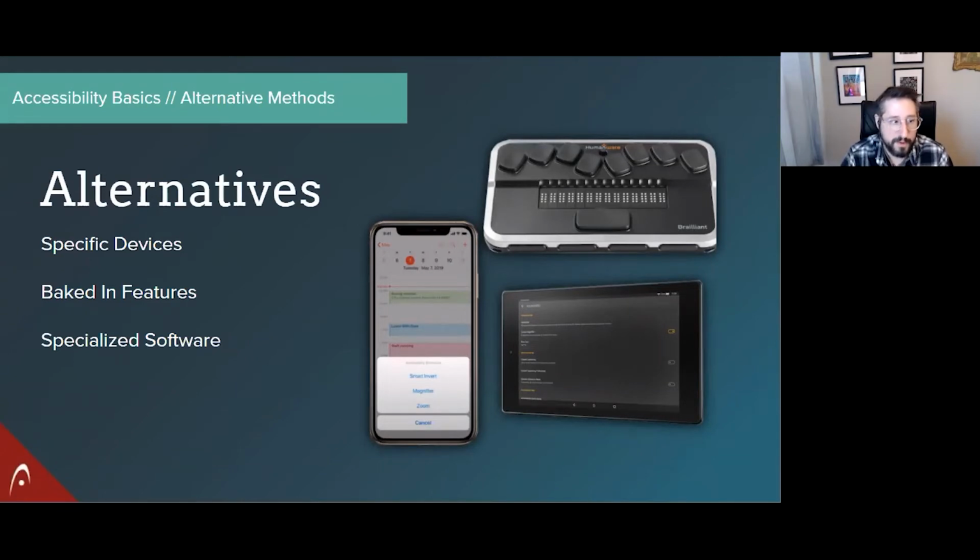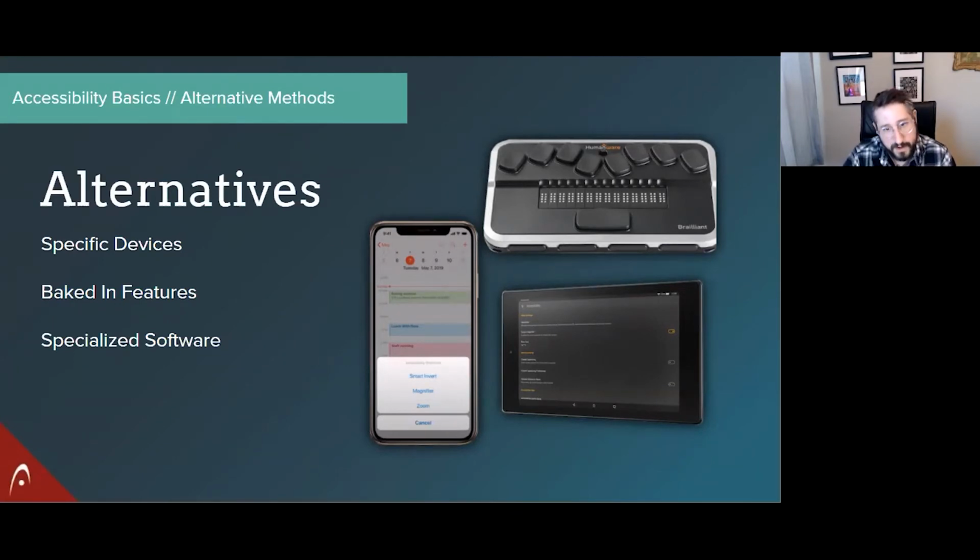And also, pretty much all the smartphones, browsers and operating systems have some baked in features. It's very, very common. We see people who may have a vision issue or can't see at all, or other issues, take advantage of what's built into the iPhone or Android phones. And then there is also specialized software that people may put on either a computer or a mobile device.